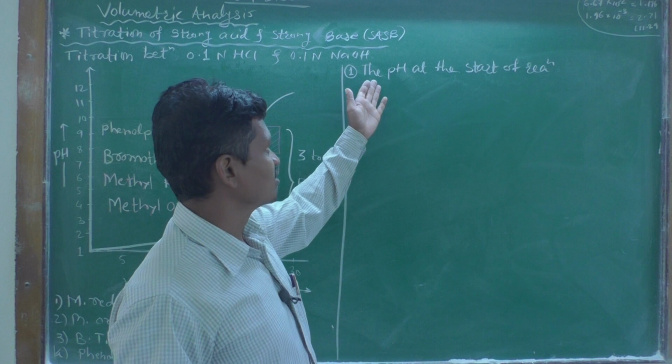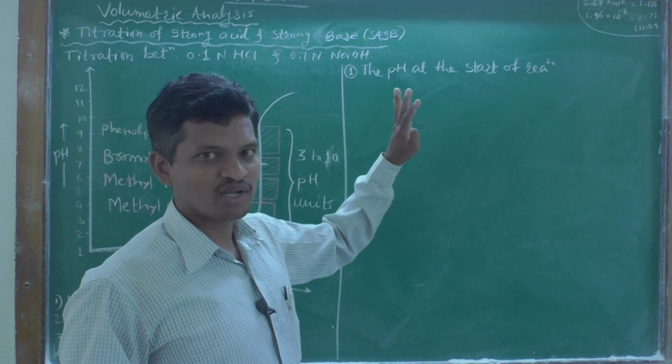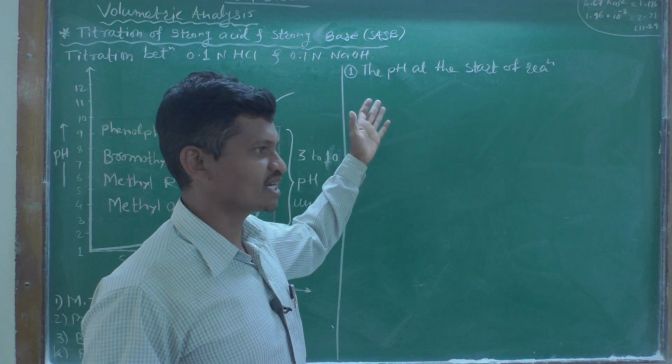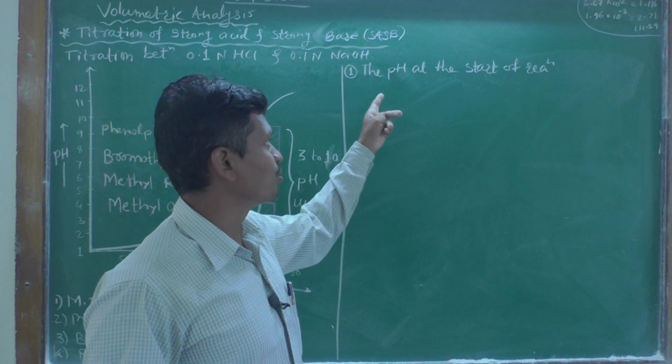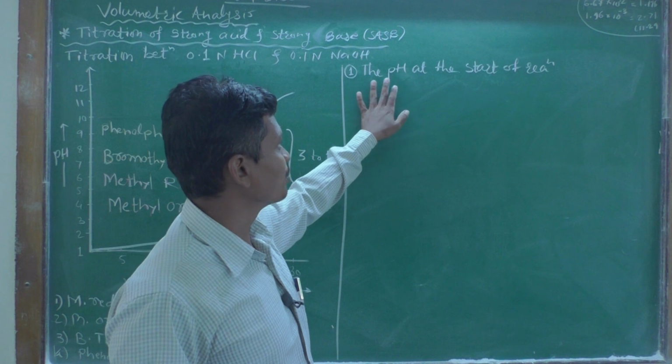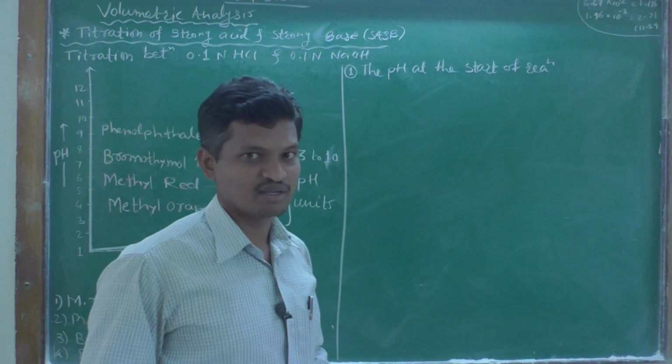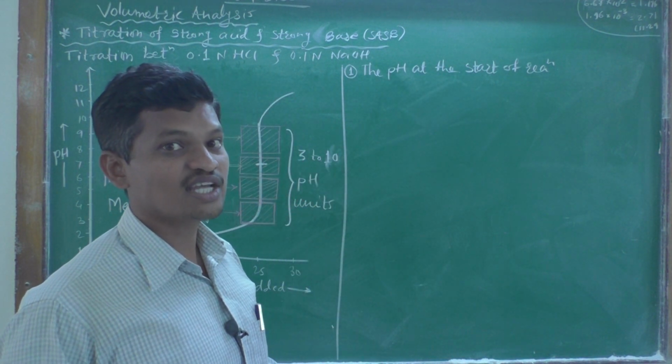So let us start. For your convenience, for this first type of titration, we have taken 4 calculations of pH values, and the first one is the pH of the solution at the start of the reaction.